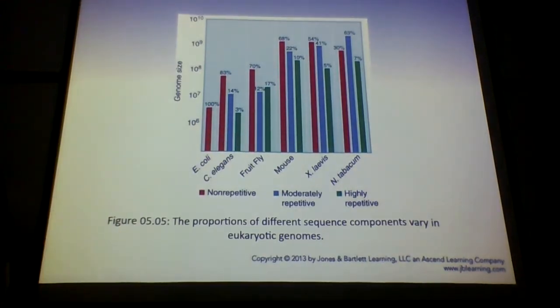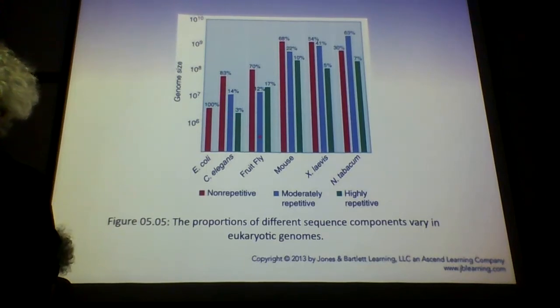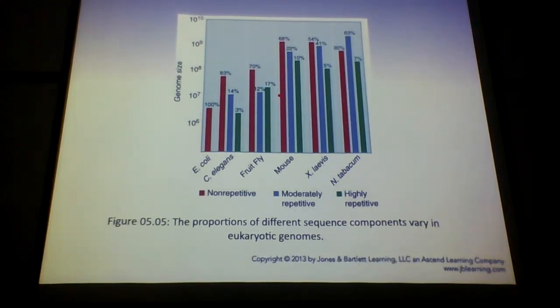The fruit fly is a bit more complicated than the nematode. They've got even greater amounts of highly repetitive DNA. Check out mice here. They've got an even higher proportion, or at least a higher amount, of the highly repetitive DNA.